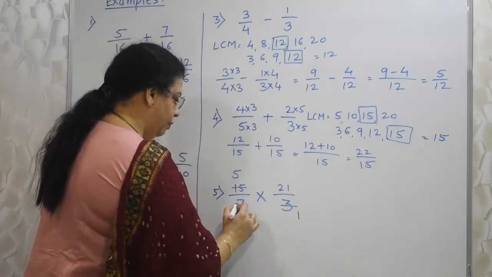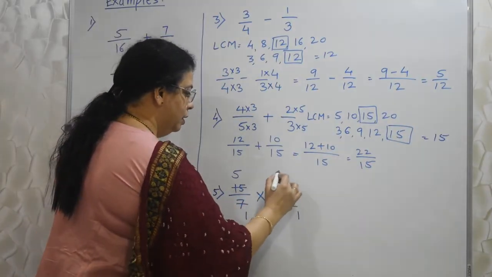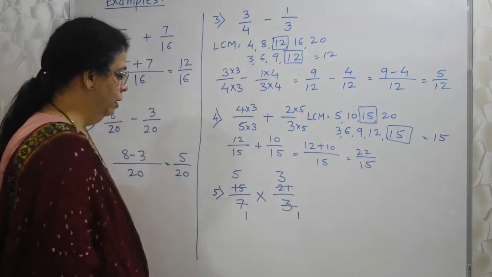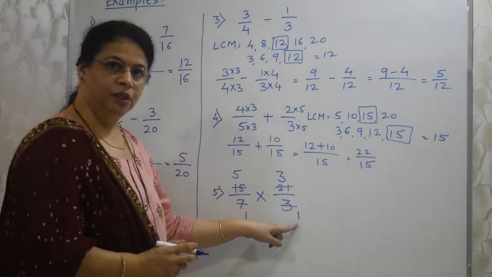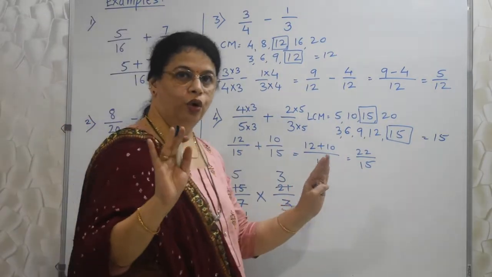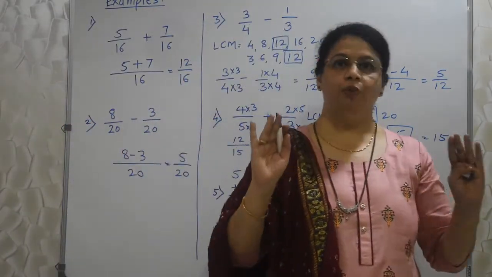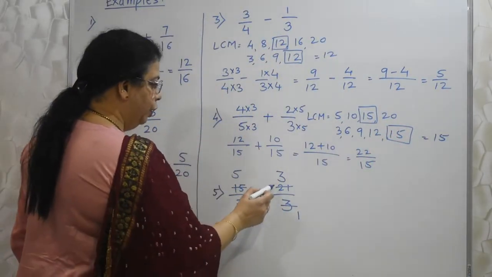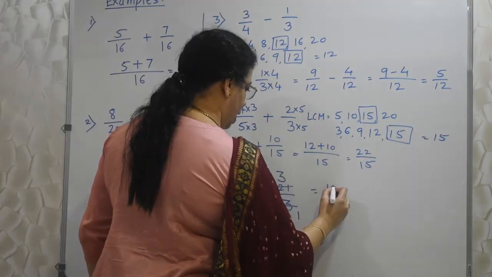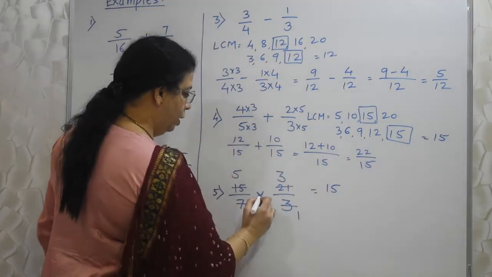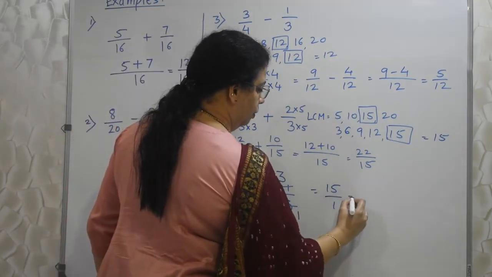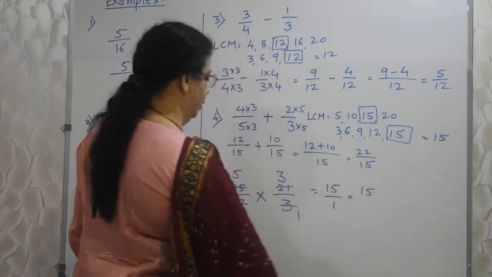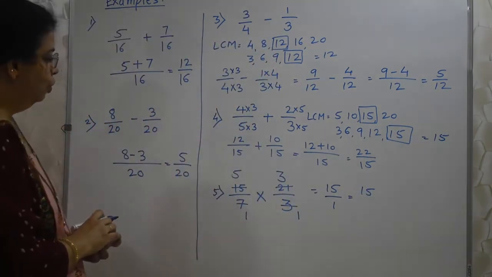So I can do the division. 7 ones are 7. 7 threes are 21. When the 1 comes, means no more further division is possible. Over. Okay. Answer. 5 into 3. Answer is 15. 1 into 1. So answer is 15. Understood students?